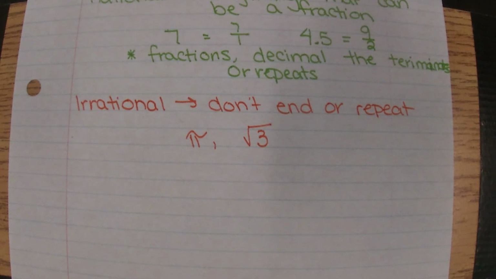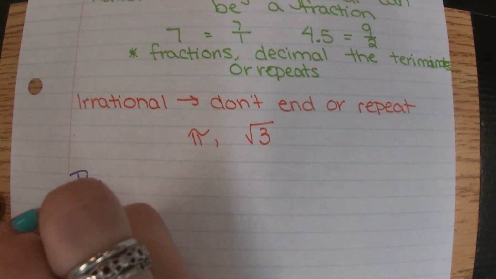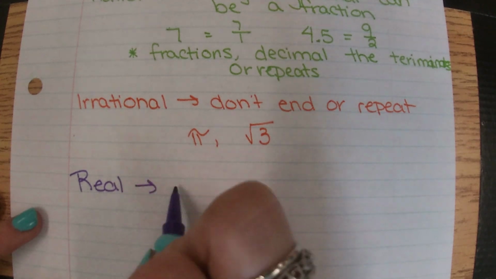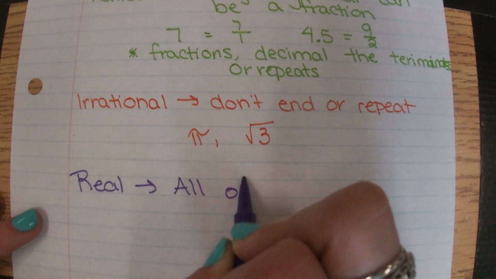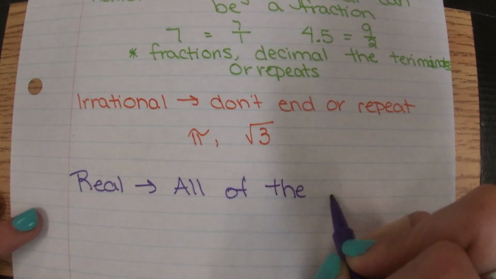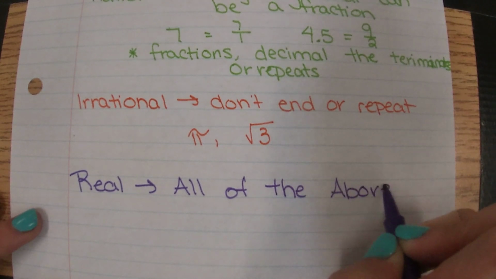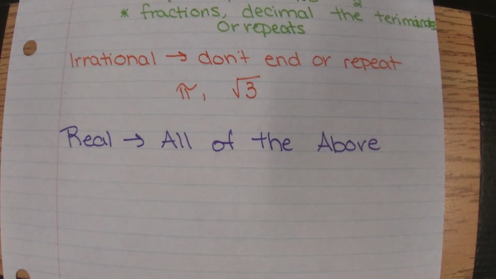Okay, then the last sort of things with numbers that we can talk about are our real numbers. And our real numbers are all of the above. Okay, and I tell my students for the most part, anything that you really know at this point before we enter algebra, we're looking at real numbers. So any of these types of numbers listed up above would count as a real number.